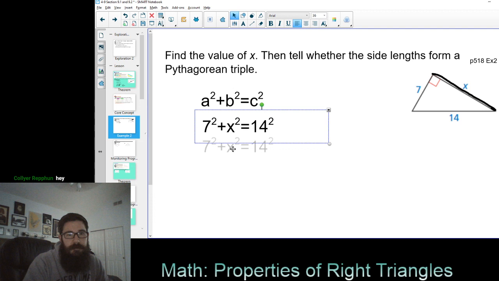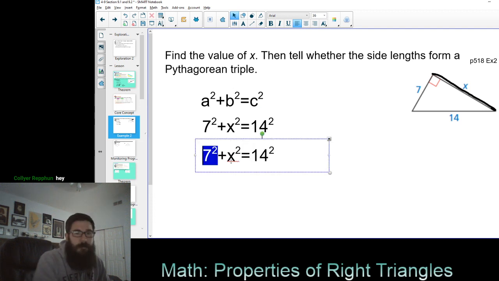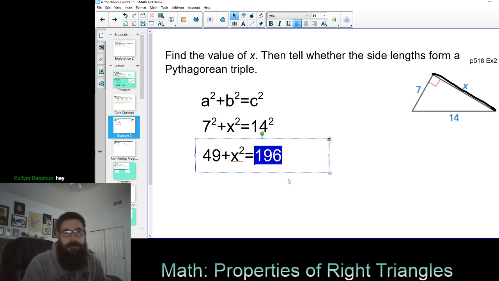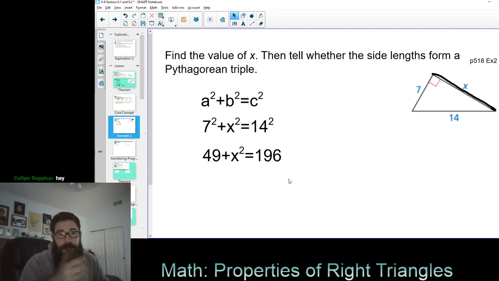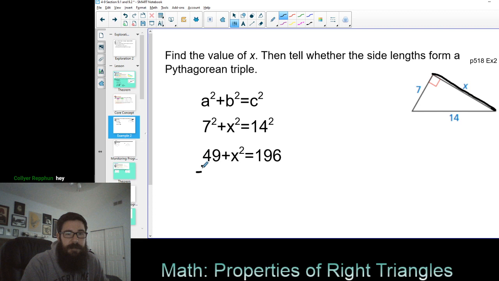I'm going to clean this up. 7 squared is going to be 49. 14 squared is going to be 196. Oops. Move that back down. And now we just got to keep solving. You might think, well, what am I going to do here? I'm going to subtract 49 from both sides.